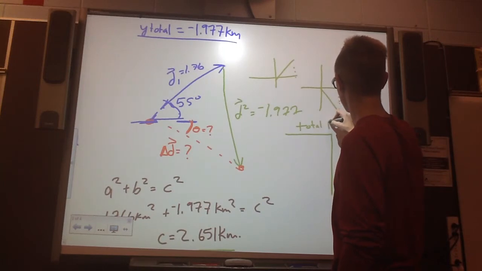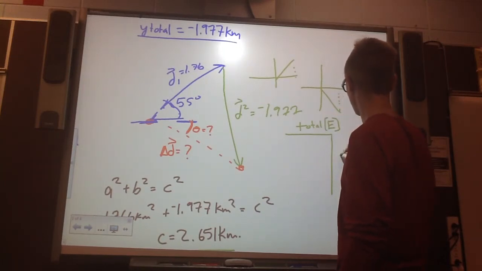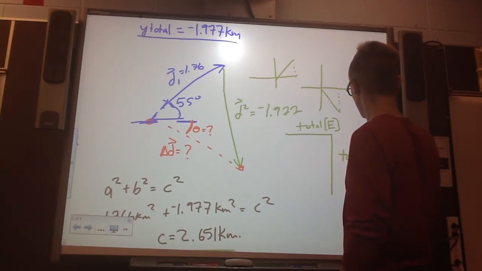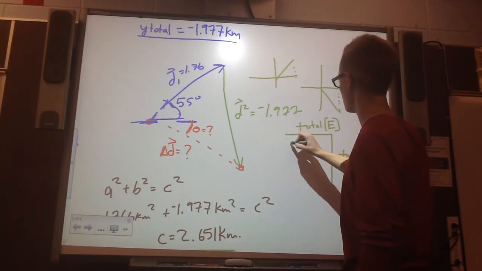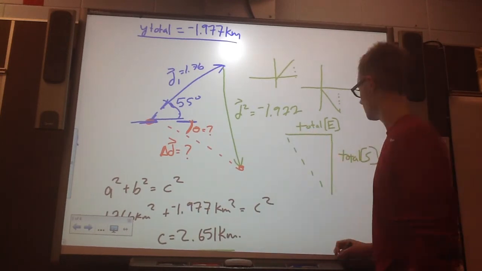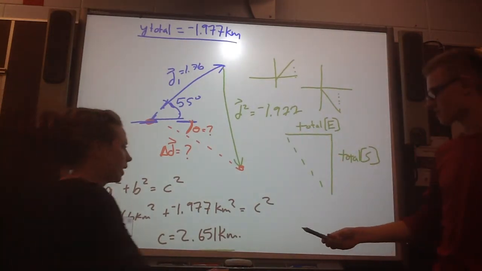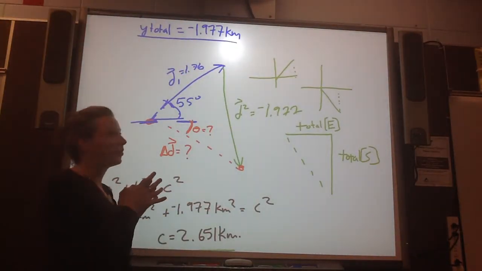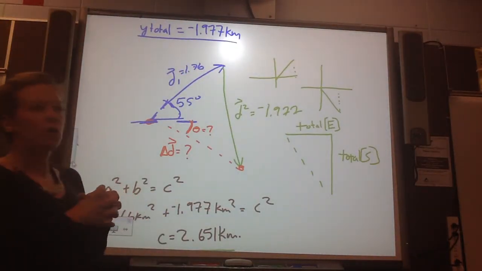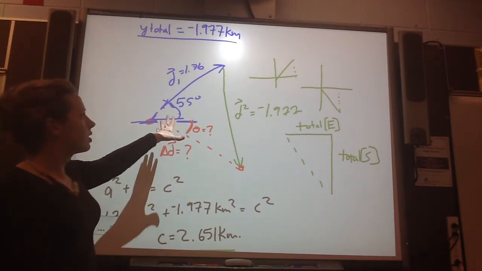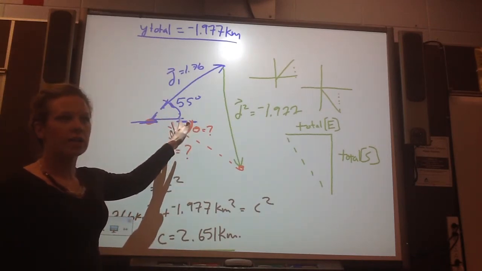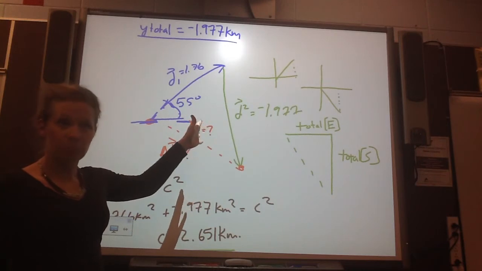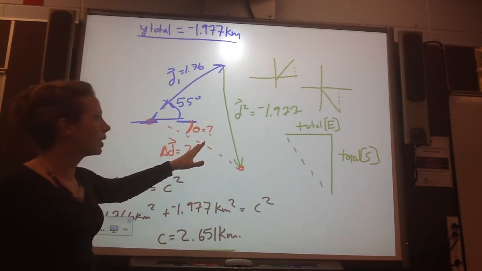Oh, I see. Okay. And this is total south. Right. Because then you can use Pythagoras. Okay. Good. I like that better. So yes, this drawing lends to misconceptions, perhaps, of what's really happening.